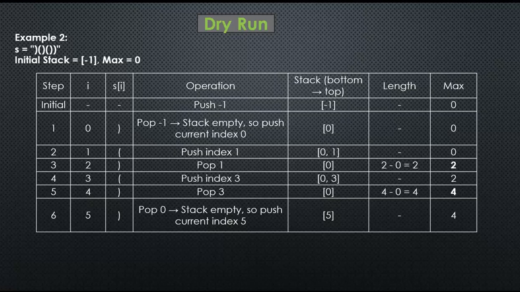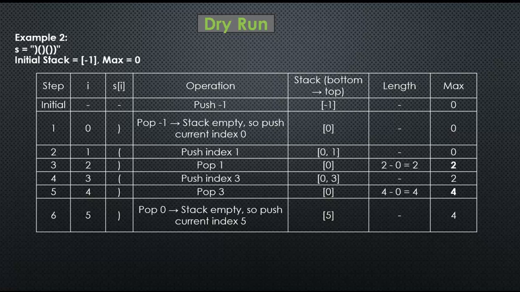Let's move on to another example. The input string is close parenthesis, open, close, followed by a close parenthesis. As the trick, we have the initial stack as -1. Push -1 onto the stack.